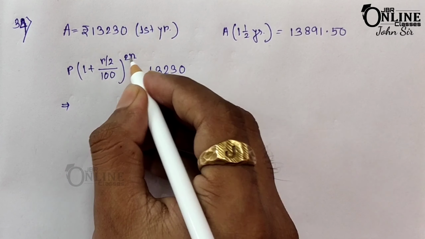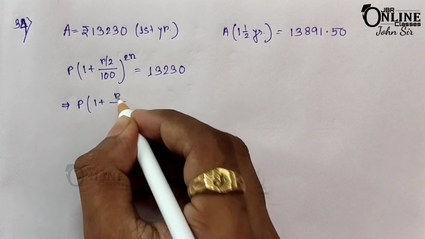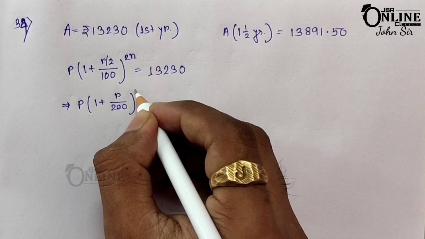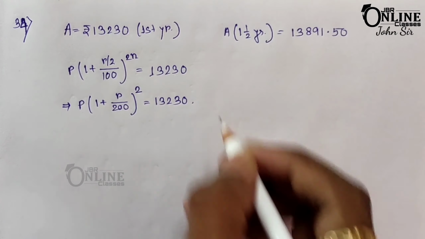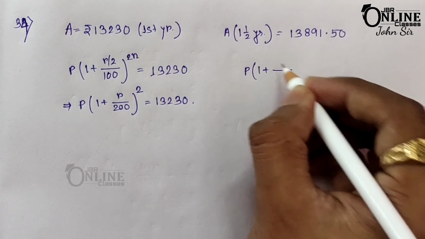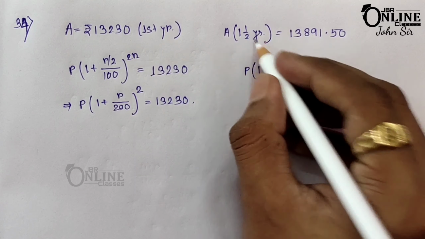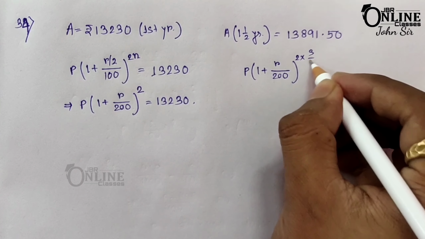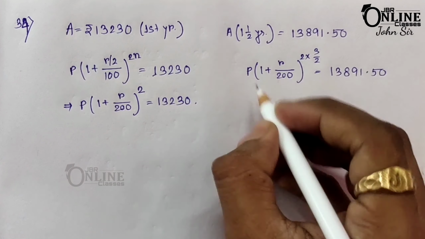Now in that case n equals 1, so it will be P into (1 plus R by 200) whole to the power 2, and that equals 13230. Now the second one will be P into (1 plus R by 200) whole to the power 2n. Here n means 3 by 2, so 2 into 3 by 2, and that equals 13891.50.